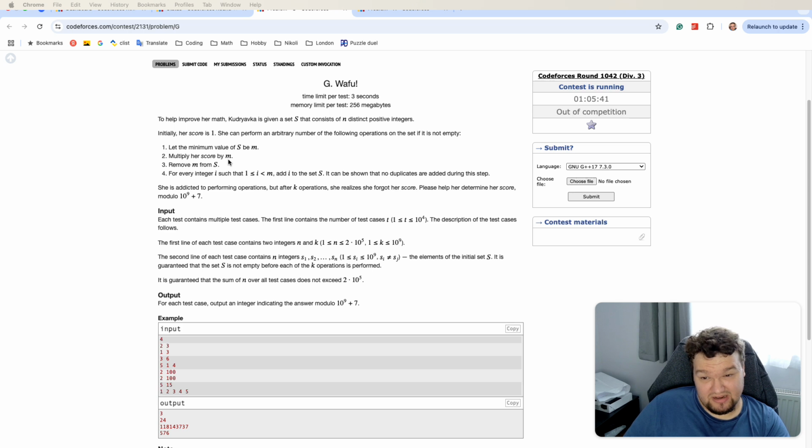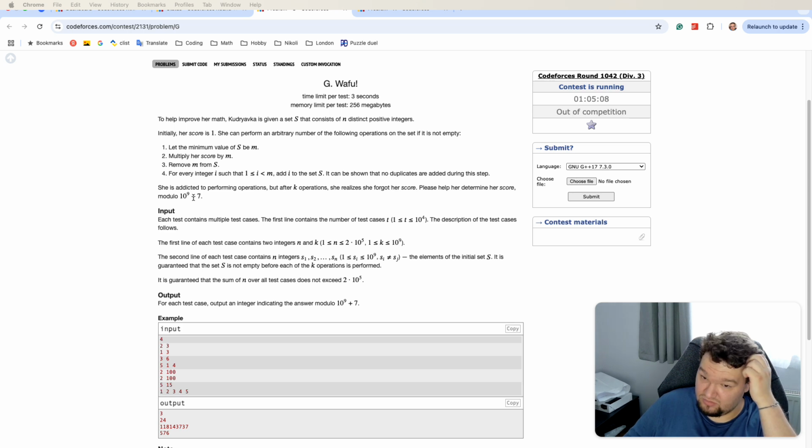Multiply the score by m, remove m from S, and for every integer I such that I is strictly smaller than m, add I to the set S. It can be shown that no duplicates are added during this step. She is addicted to performing operations, but after k operations she realizes she forgot her score. Please help her determine her score modulo something.